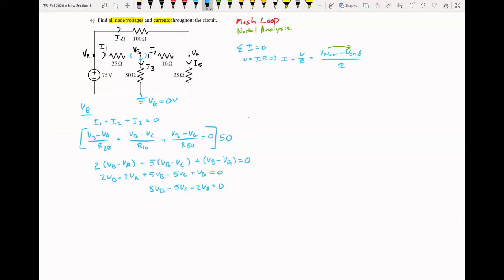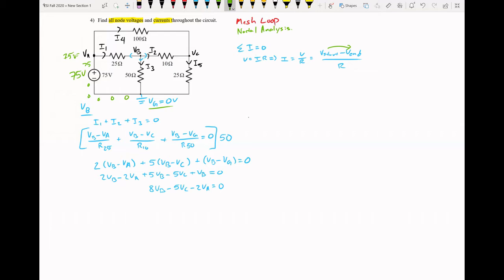Well, let's take a look at what we do know here. If we go up here, and we know V of G is 0, so everything along this wire also has to be 0, up until we reach this battery. And when we go through this battery, we'll pick up 75 volts, and then we're at V of A, and V of A is 75 volts.